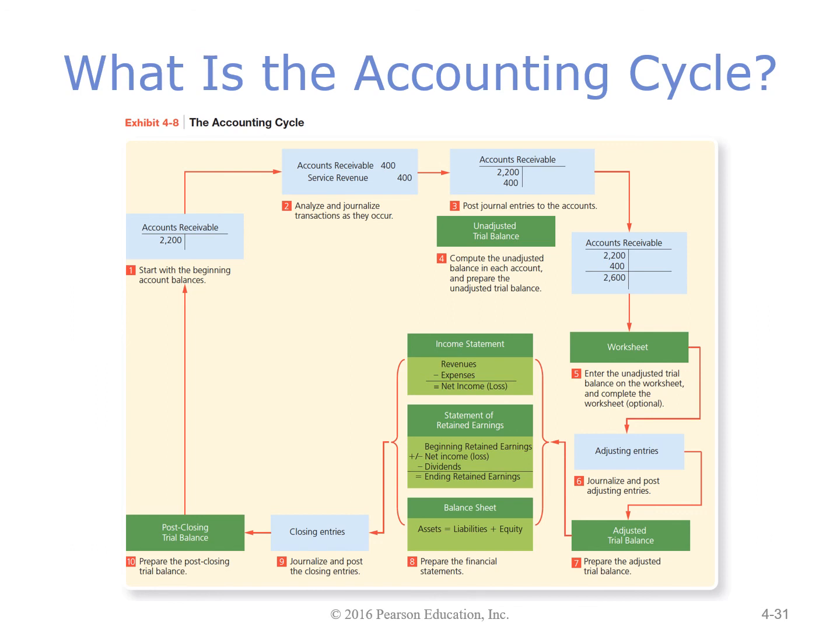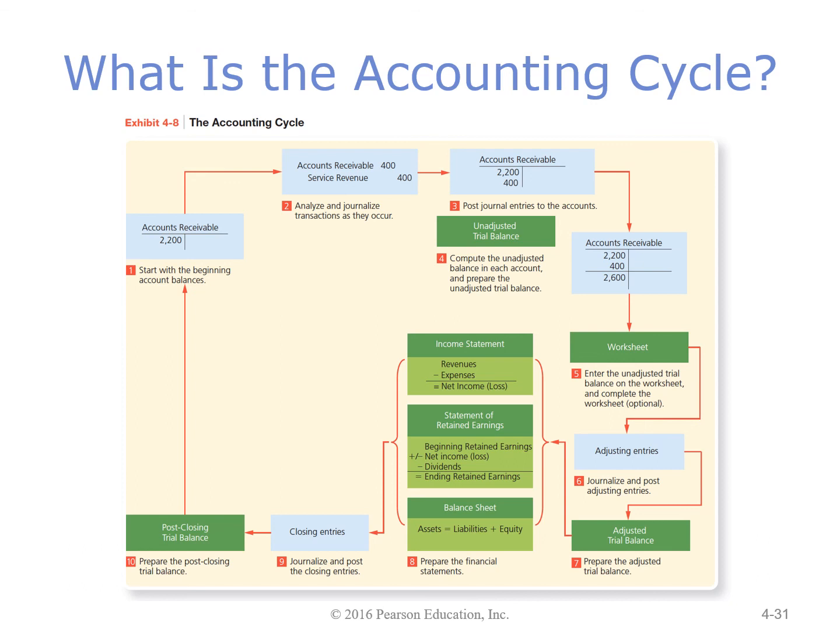If you remember, we start by the balances, we analyze and journalize the transactions, then post the unadjusted trial balance, and then do the adjustments in order to reach the worksheet, adjusting entries, journalizing and posting the adjusting entries to reach the adjusted trial balance, and then we prepare the financial statements, then closing entries and posting our post-closing trial balance.